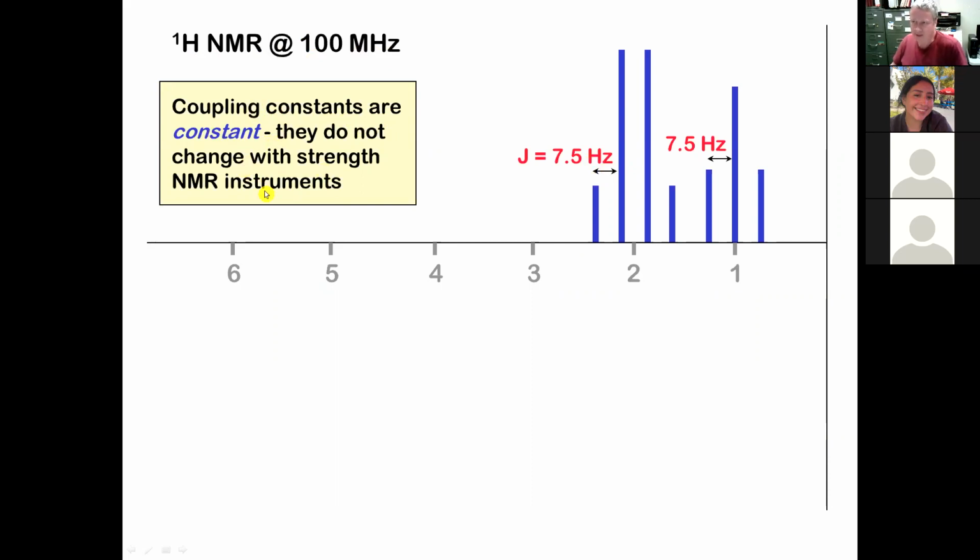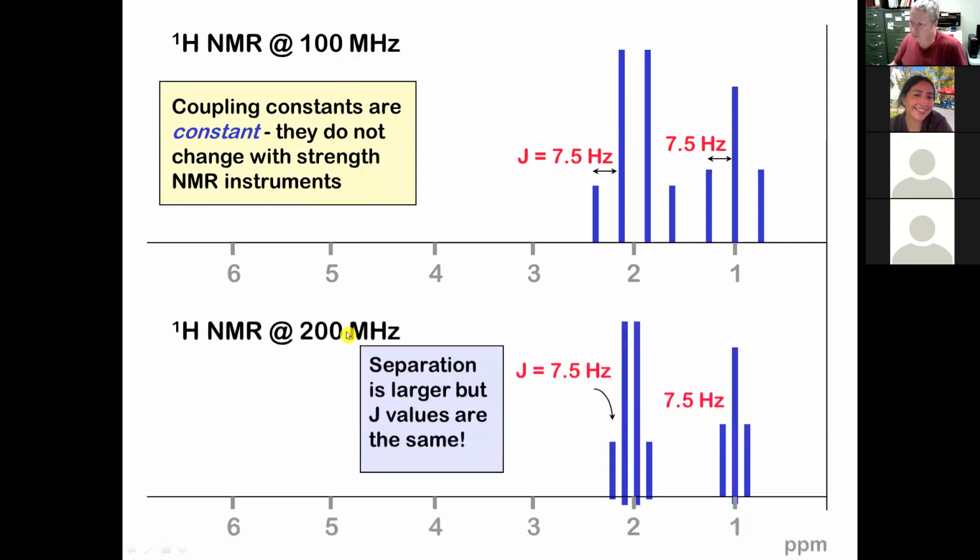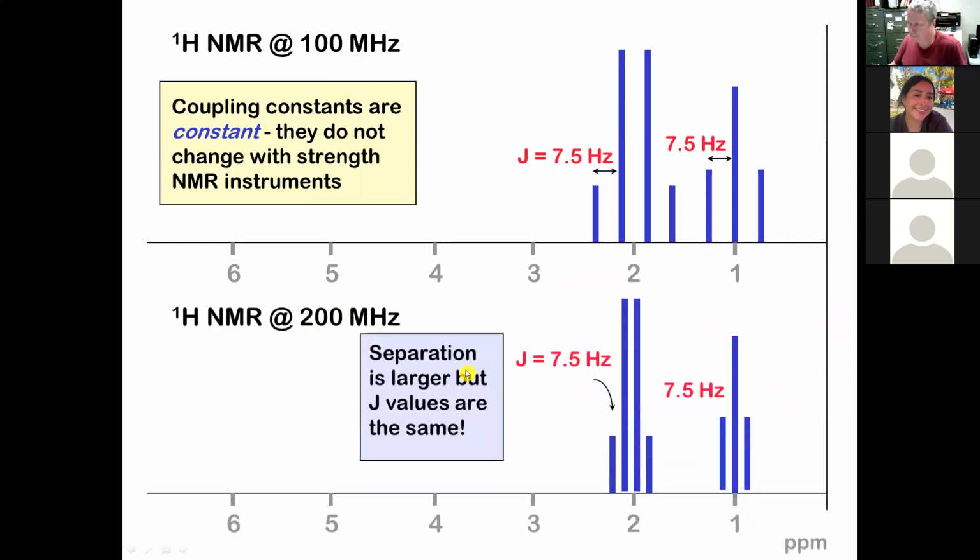They do not change with the strength of the NMR. So if I get a better NMR, let's say I spend an extra $200,000 and buy a 200 megahertz NMR, it's still 7.5 hertz. The ppm values are different, but the distance, 7.5 hertz, is the same.